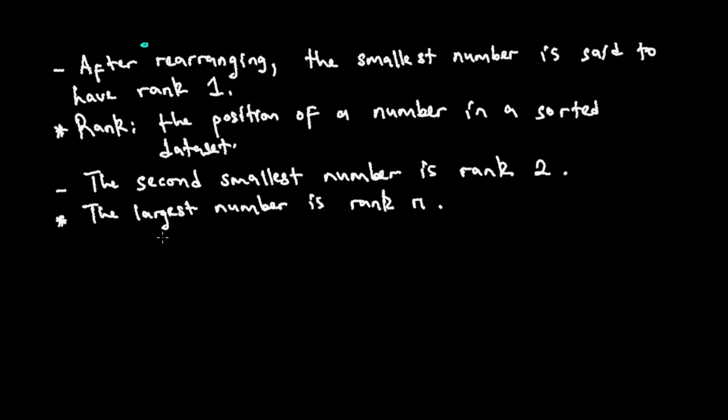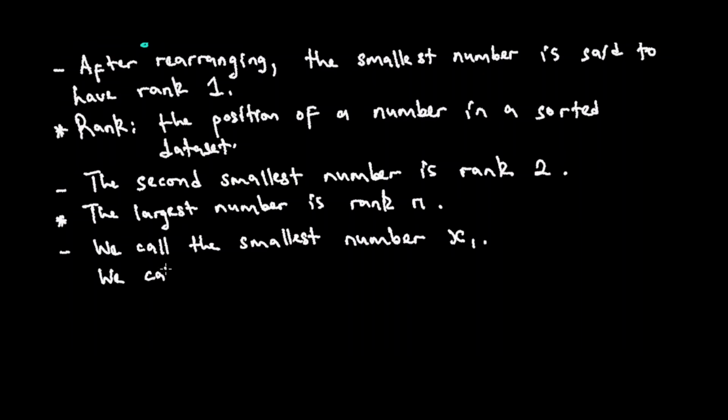So we have written this, what are we going to deduce from this? We call the smallest number x1, the smallest number that we said has rank 1, x1, like that. Then we are also going to call the second smallest number x2.